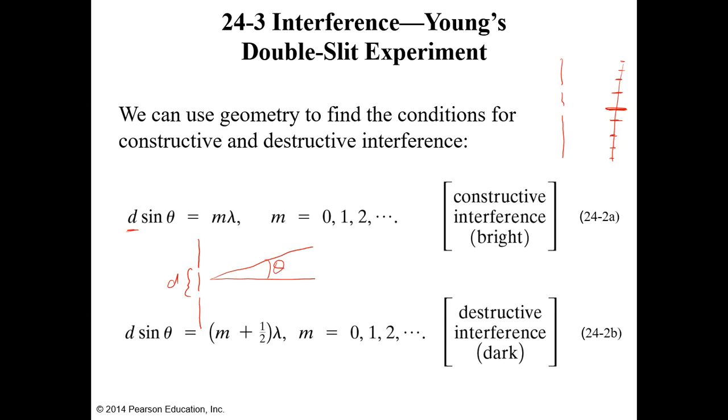The m number describes which fringe you are looking at. The one in the very center is 0. The fringe on either side is m equals 1. The fringe just beyond that would be m equals 2. And the fringe just beyond that would be m equals 3. And so on.